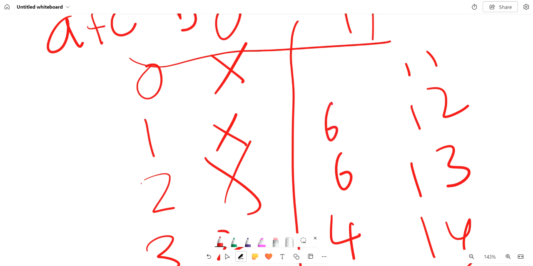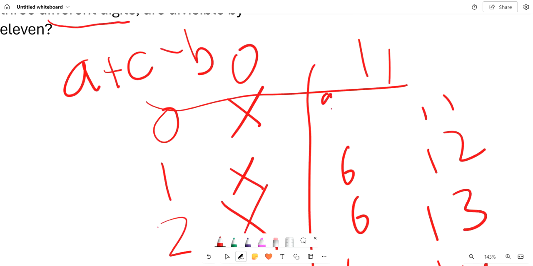And then finally for 11, we have 902, 803, 704, and 605, which sum up to 8 because 4 times 2.